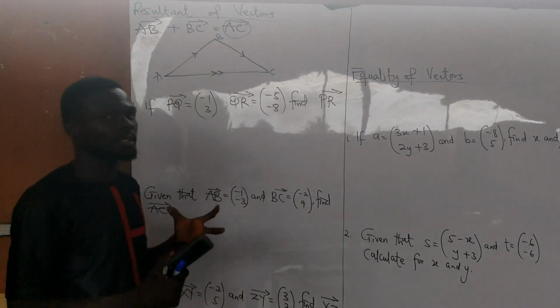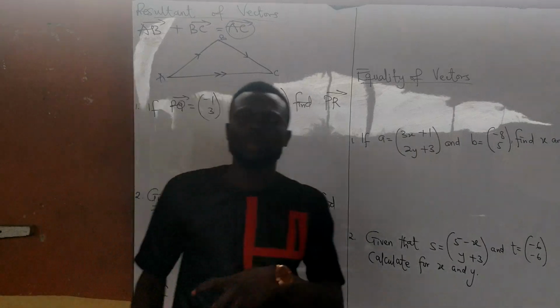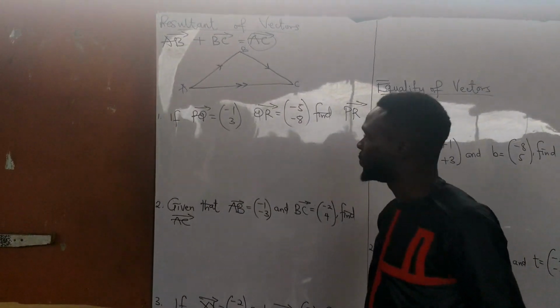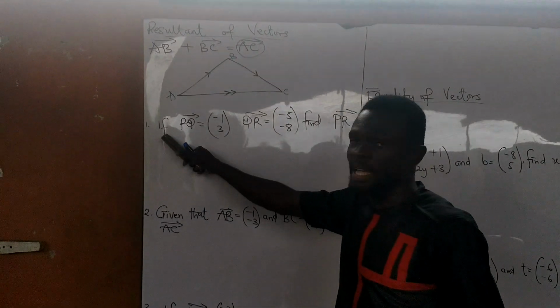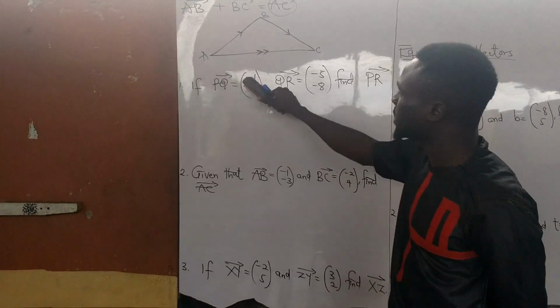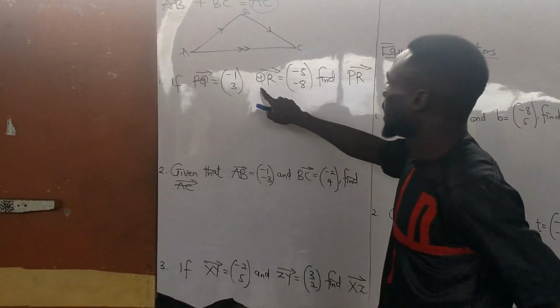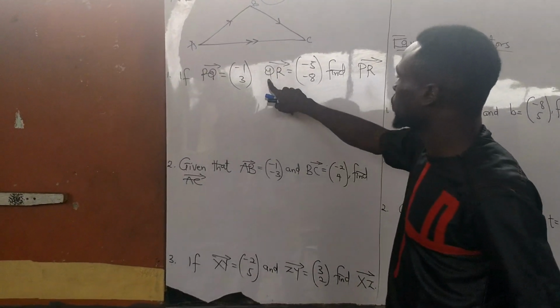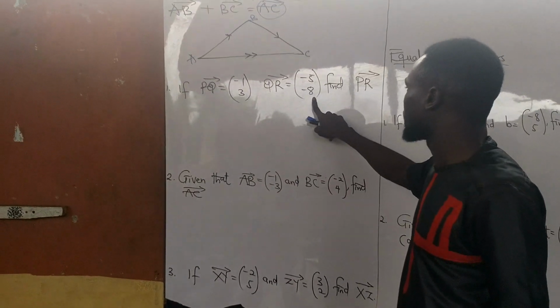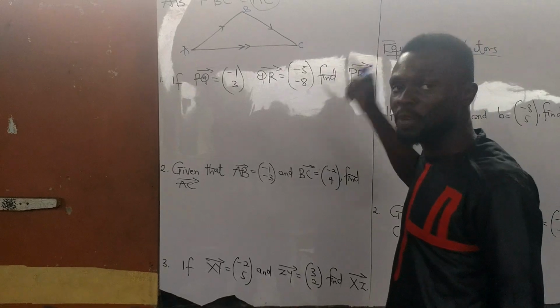Let's take questions and look at how we can solve questions under resultant vector. So we have a question here which says that if vector PQ is equal to (-1, 3) and QR is equal to (-5, -8), find vector PR.